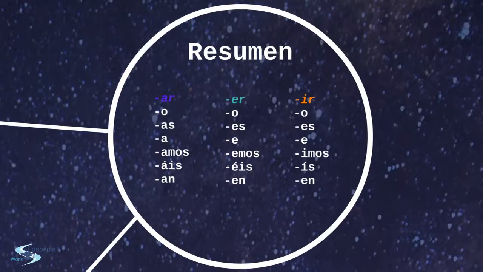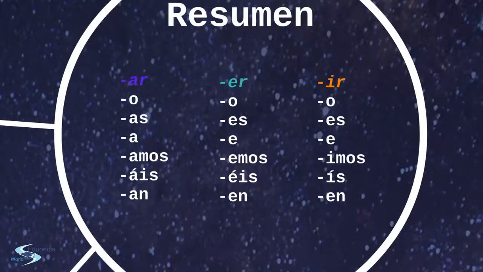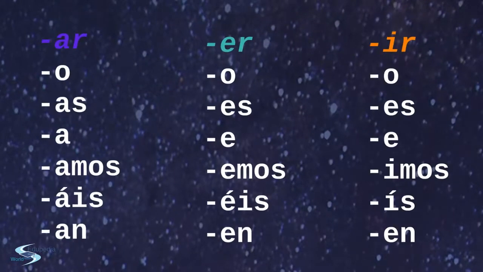And now a small summary, un pequeño resumen, with the endings, the conjugation of the three types of regular verbs, ar, er, ir. The verbs ending with ar have the following endings: o, as, a, amos, áis, an.